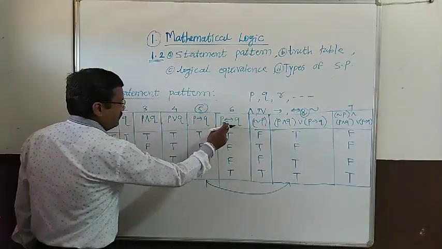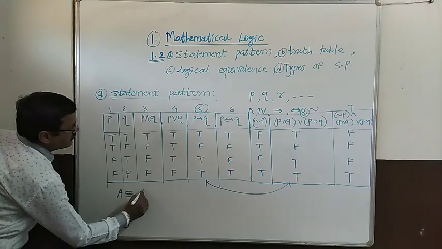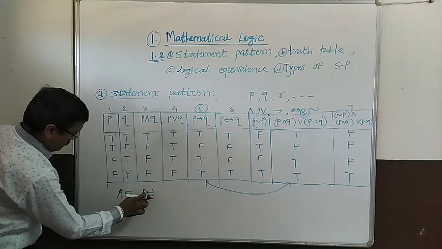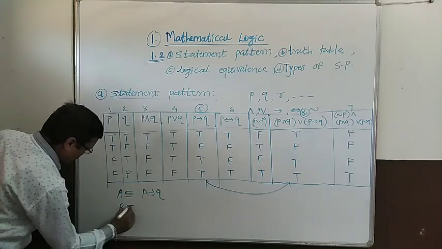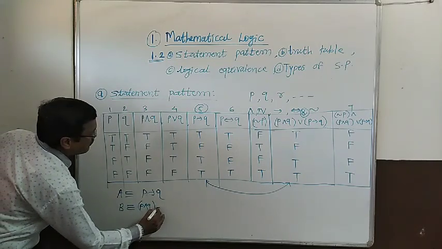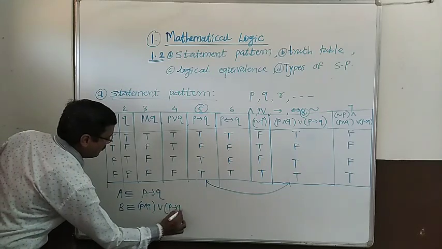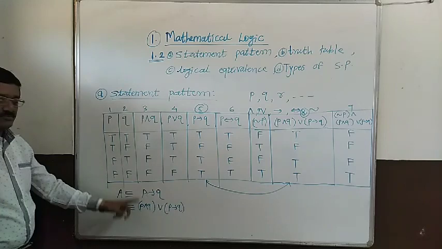Suppose we denote the first statement pattern by A, that is A is P implies Q, and statement pattern B is not P or Q, or P implies Q. We have taken symbols A and B for those two statement patterns.